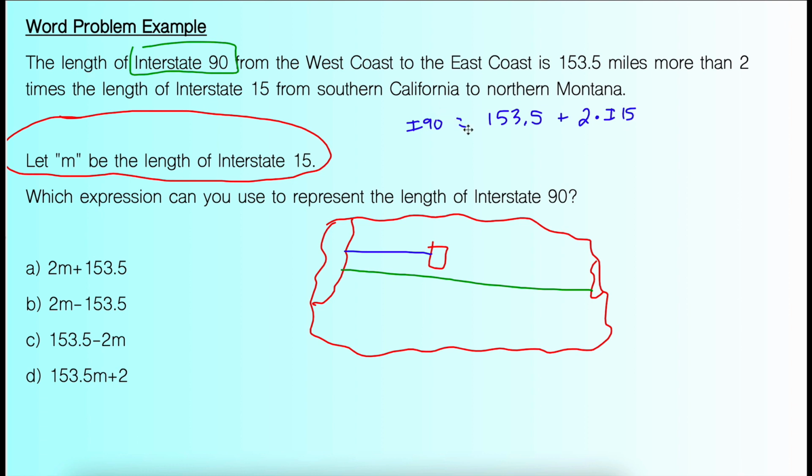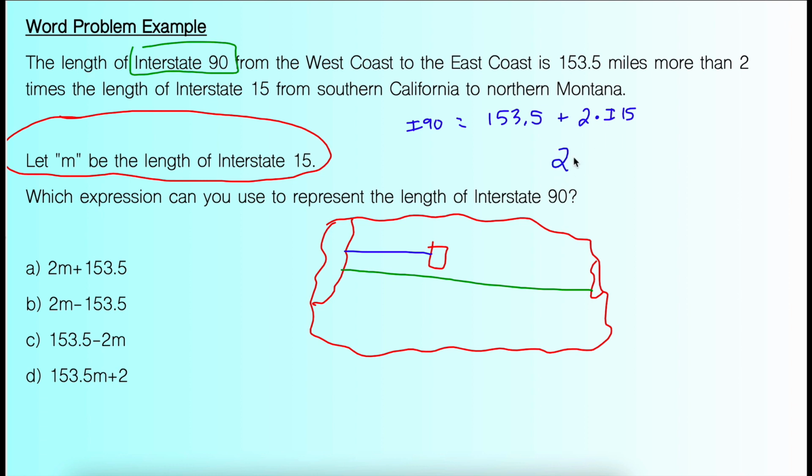Interstate 90 is, in other words, equals 153.5 more than, plus whatever Interstate 15 is, double, 2 times that. So now let's just make this look a little bit cleaner. We were told that m represents the length of Interstate 15. So I'm going to take out I-15 and replace it with the variable m.